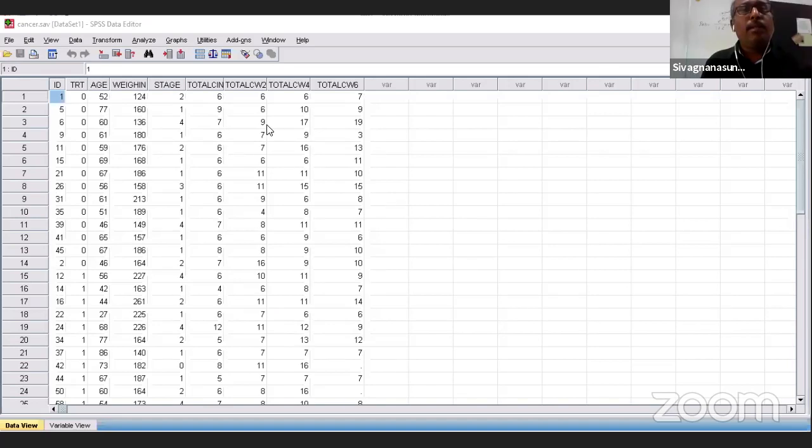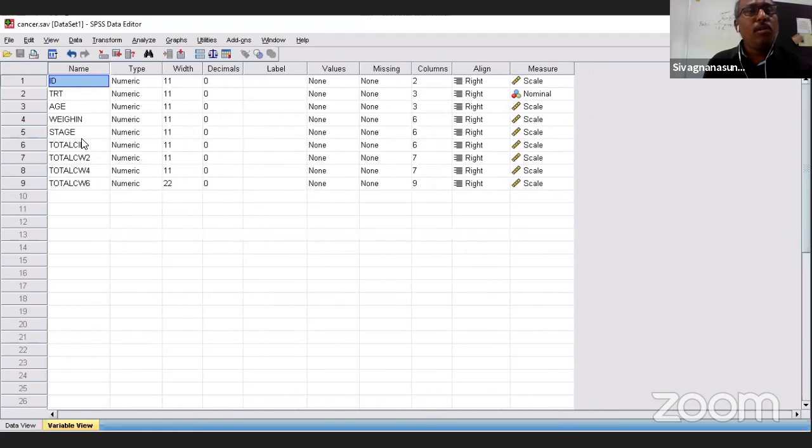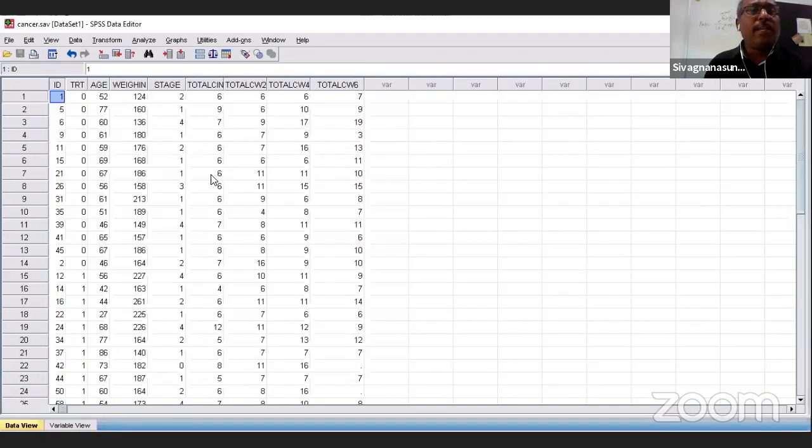So here the data is obtained from cancer patients in a hospital. This is the measurement that is taken at different times: total C, W2, W4, W6. There are multiple time periods. It is actually measuring the condition of the patient.